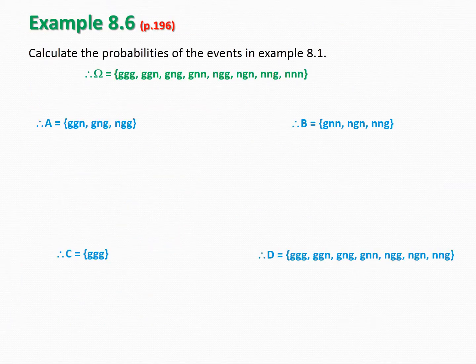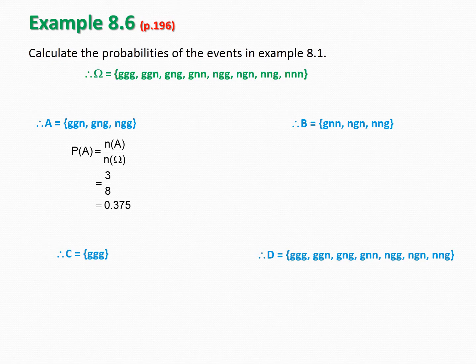In example 8.6, they ask you to calculate the probabilities of the events in example 8.1, where we had the different randomly selected homes that we wanted to see whether they are heated with gas or not. So we had 8 outcomes in our sample space. So the probability of event A will be 3 over 8, or 0.375.